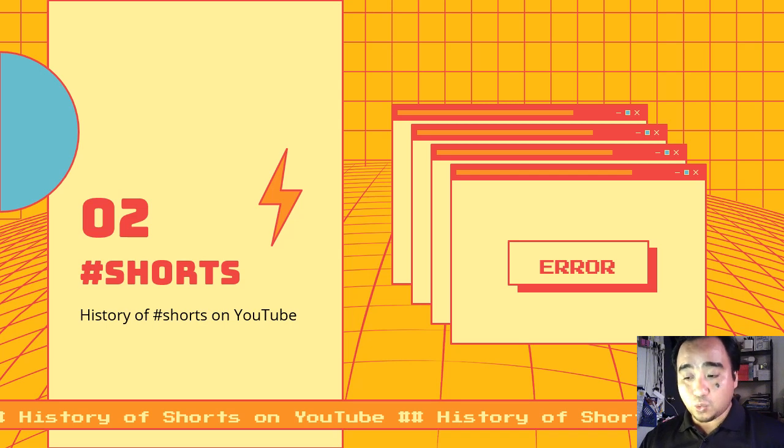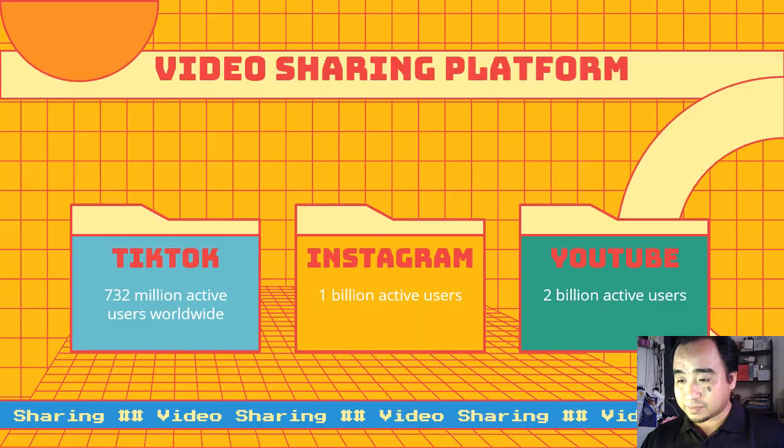So next, what is shorts? We might be familiar with TikTok videos and Instagram reels, but do we realize that YouTube has its own short videos options? Let's take a look at this data.